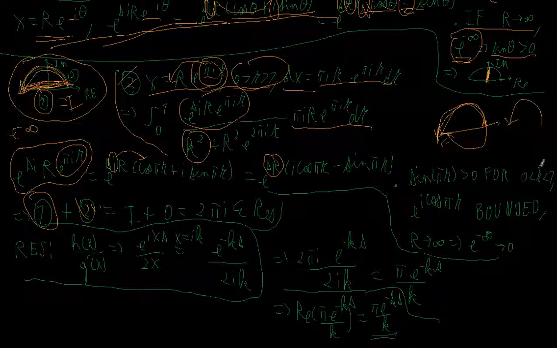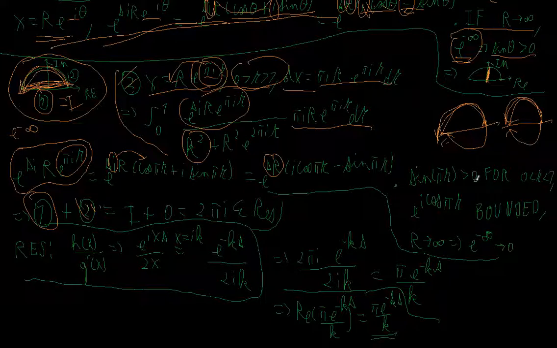If t is between 0 and 1, it will go to negative 1 through the upper half circle. If t is between 0 and negative 1, it will go to negative 1 through the lower half circle. Okay, so here we have t between 0 and 1, so we will go through the upper half circle, and thus sine of pi t will also be positive.